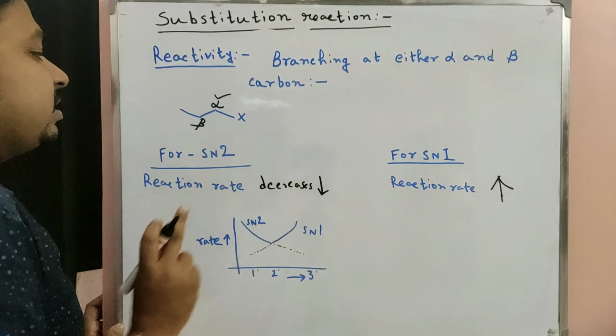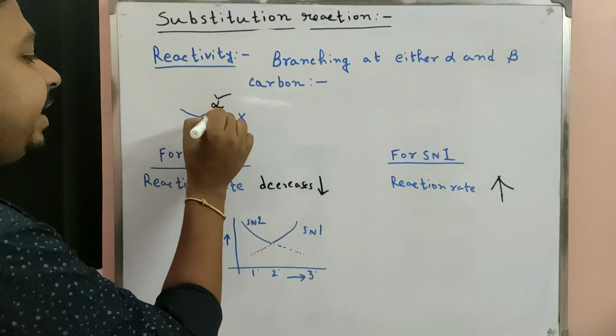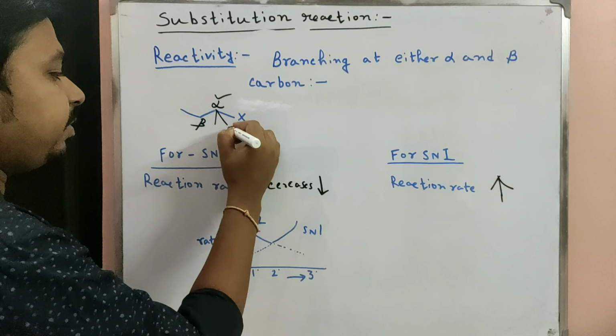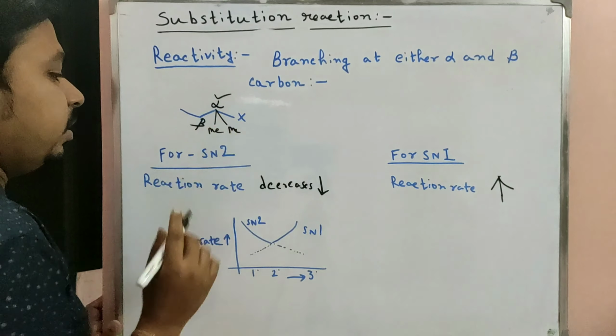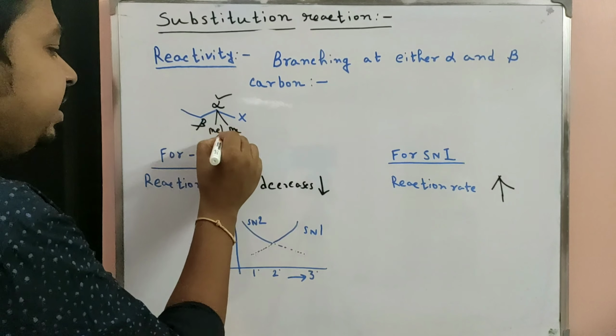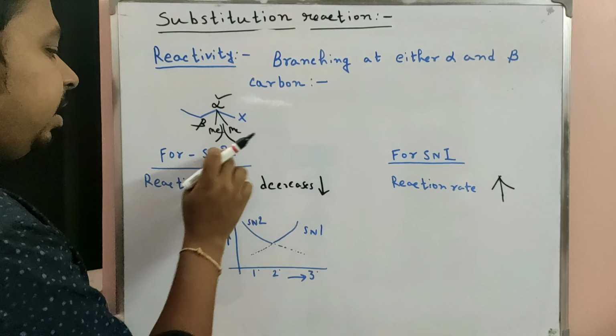Why? Because when the bulkiness increases, that is, the alpha branching increases, the reaction rate decreases due to the presence of steric hindrance. So steric hindrance decreases the SN2 reaction.